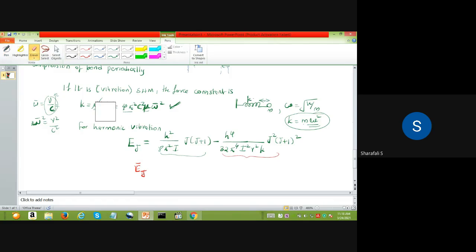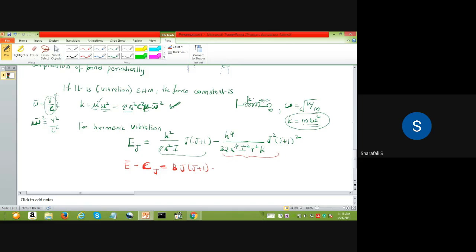Sometimes it is also represented as, okay, I will write both. It can be represented as E bar or as epsilon. So epsilon is nothing but energy in terms of wave number. So epsilon j will be equal to h square by 8 pi square I c, in terms of wave number. So this is B times j into j plus 1.